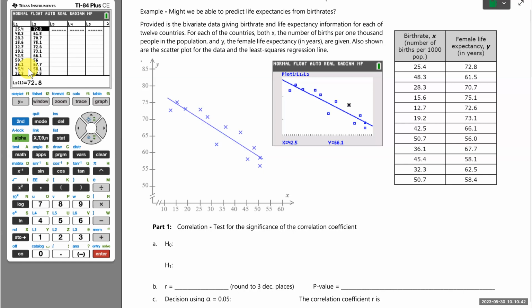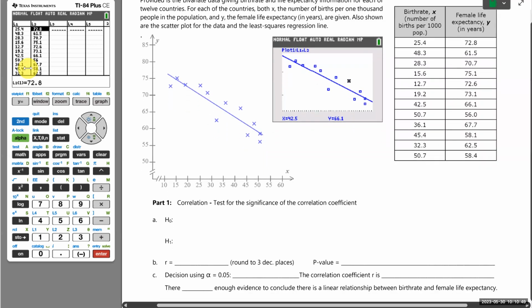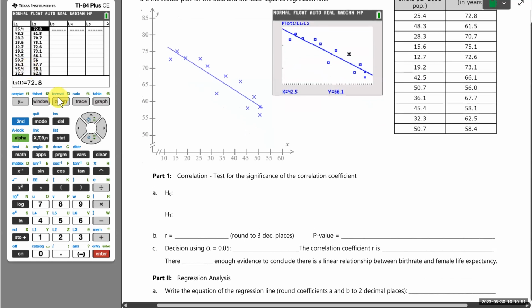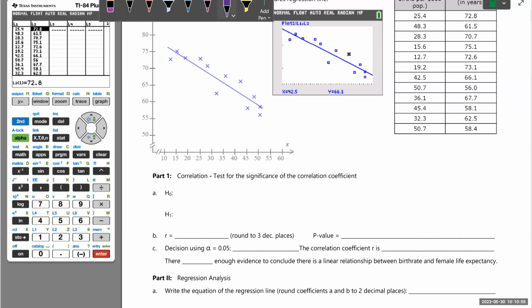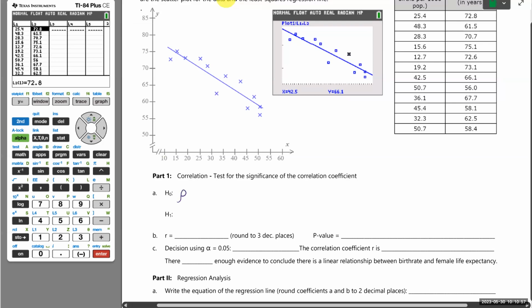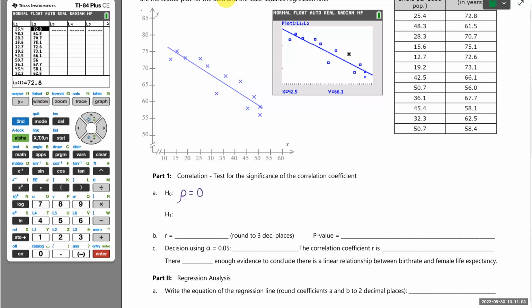All right, so part one here is correlation. So we're going to conduct a hypothesis test for the significance of the correlation coefficient. So our null hypothesis will be rho, the population linear correlation coefficient, is 0. That would indicate there is no linear relationship between the variables.